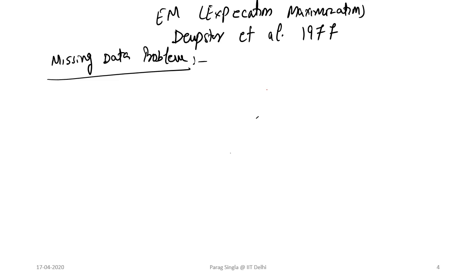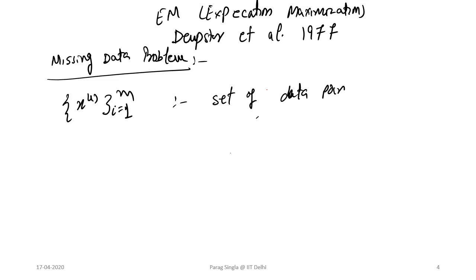Okay, so what is the setting? The setting is very simple: you are given a set of data points xi, i equal to 1 to m, where each xi belongs to some real space, let's say n-dimensional Euclidean space. We will assume that there is an underlying model for generating this data, which is as follows.